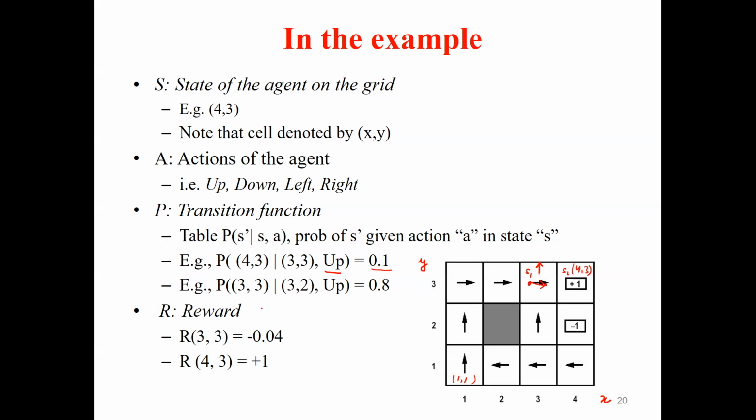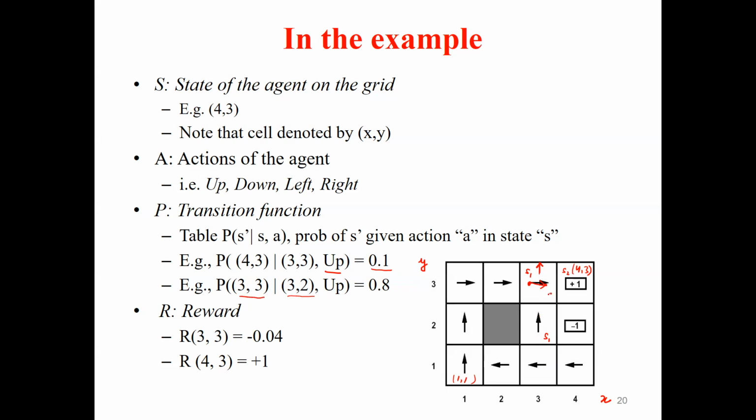Okay, let's take another example. I am in state 3, 2, which is this one. So in this case, this is your S1. And you are supposed to move to state 3, 3.